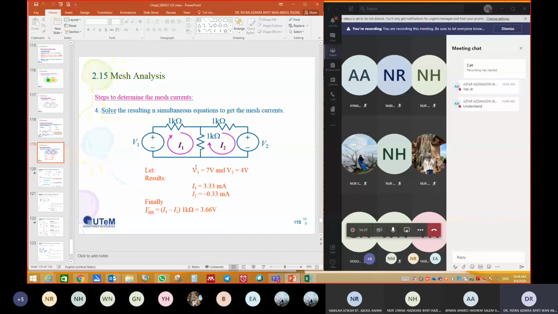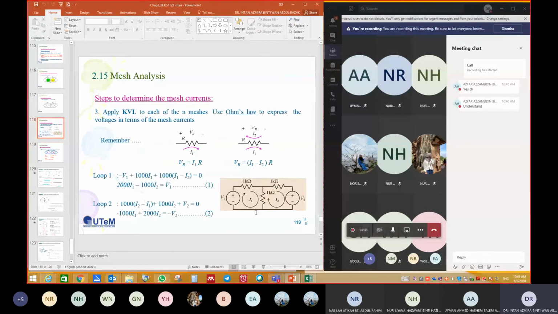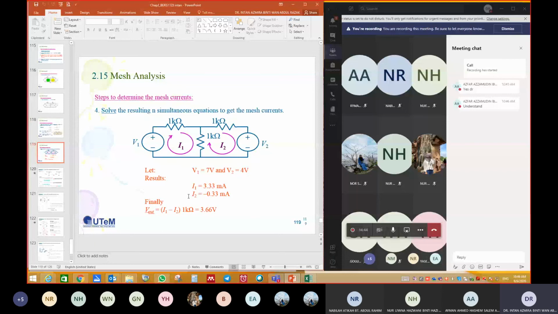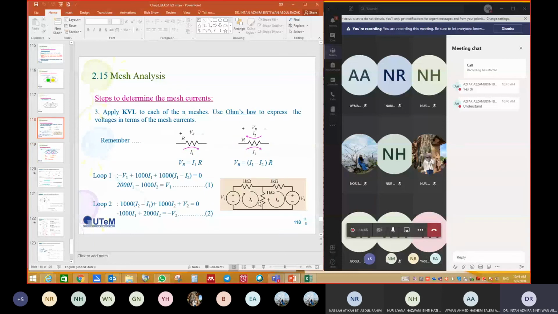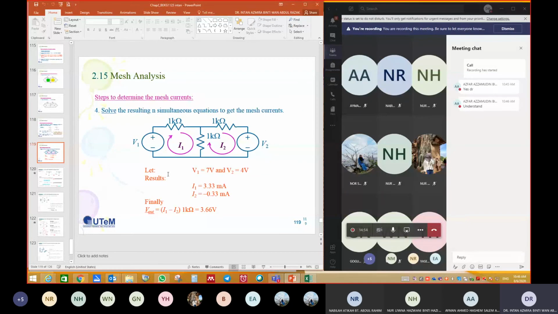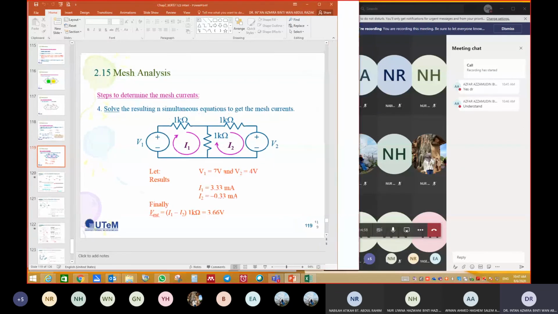Okay, so let's try this. So this is the previous question. We have two loops here, so we will have two KVL equations. Let's say V1 is 7 and V2 is 4 volts.